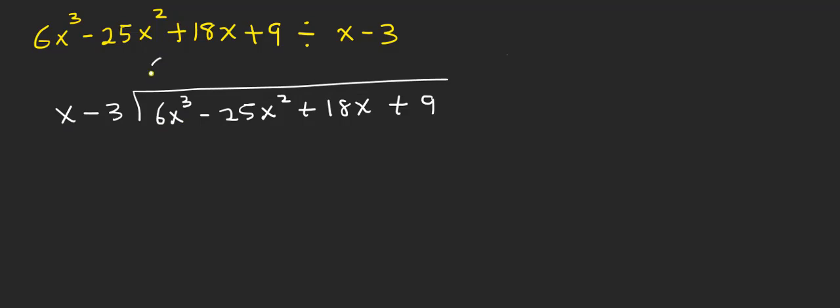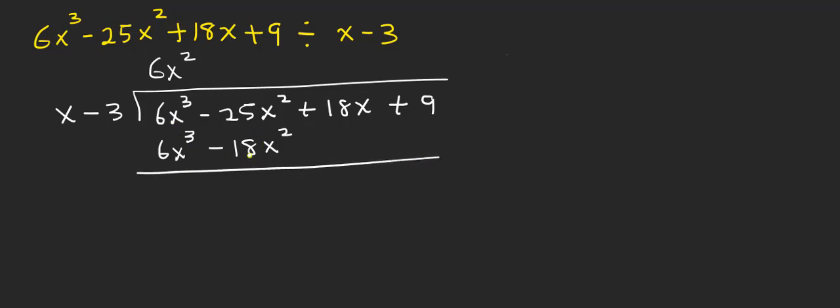It's going to be 6x squared. And now you want to multiply this out. So 6x squared times x will be 6x cubed, and then 6x squared times negative 3 is negative 18x squared.